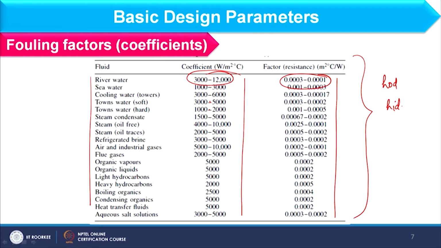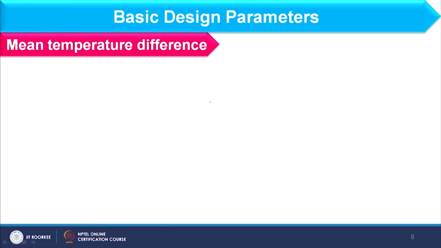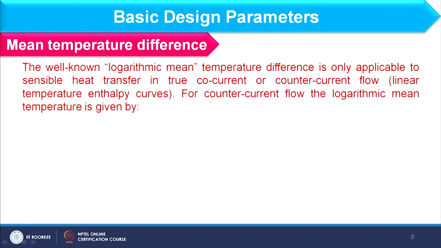Next parameter we are going to discuss is the mean temperature difference. You have already seen how to select the overall heat transfer coefficient, dirt factor, and then the mean temperature difference. Usually in a heat exchanger we consider the logarithmic mean temperature difference, because we have co-current and counter current heat transfer.